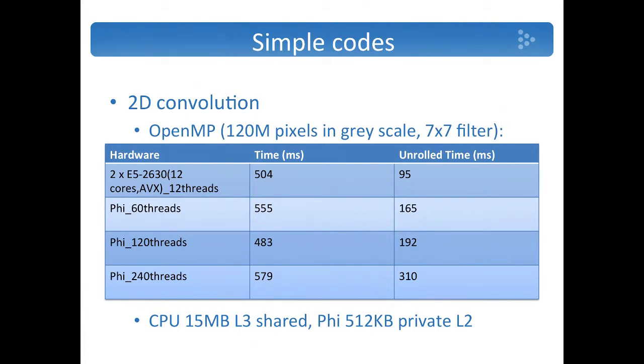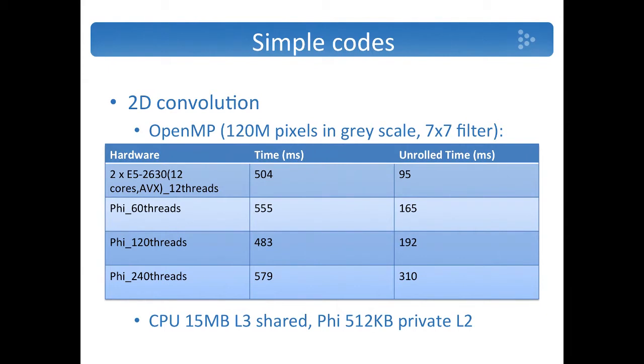The CPU has a relatively larger on-chip cache. Like I said before, each CPU has 15 megabytes of L3 cache shared by the 6 cores, and in total we have 30 megabytes of cache here. That means we can cache so many rows of the image into cache and read them very efficiently.